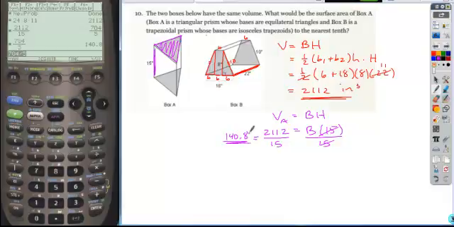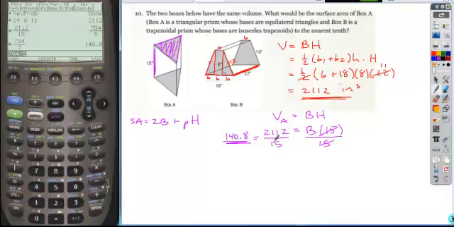My last thing, in order to find the total surface area of box A: my surface area is going to be twice the base plus my perimeter times the height of the whole solid.